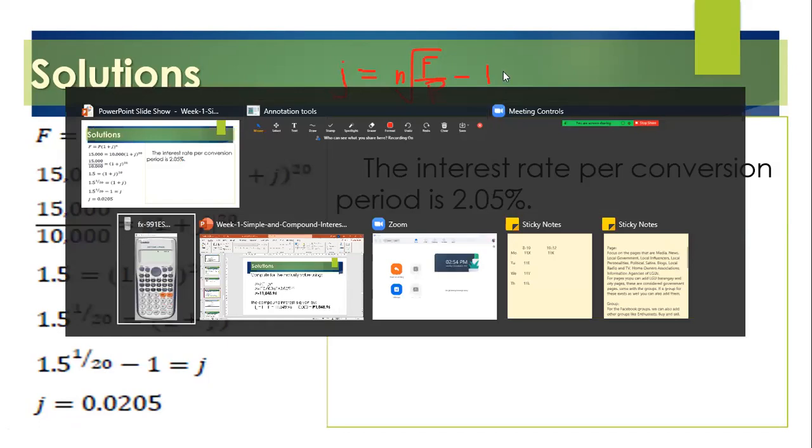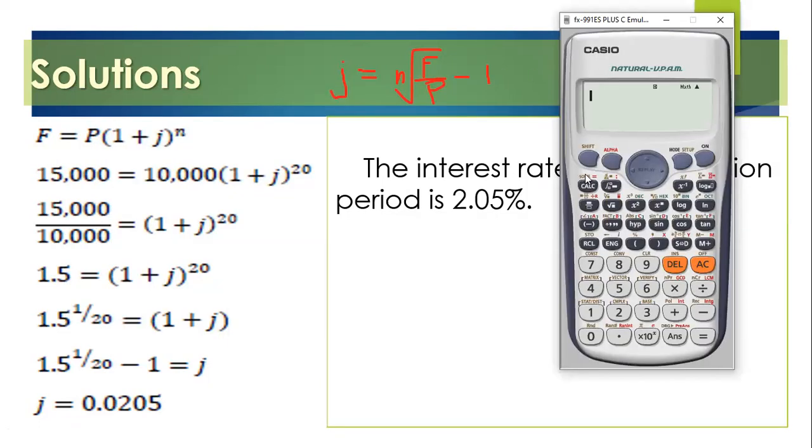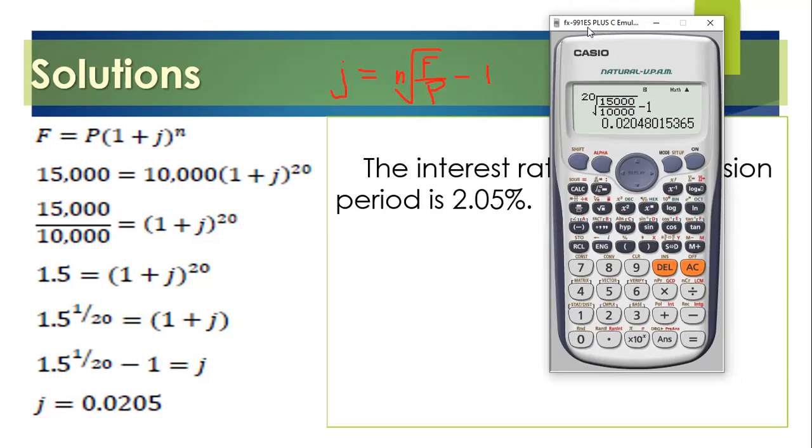So, J is equal to 0.0205. So, paano sa calculator? Nth root. So, ito po yun. 20th root, no? Okay. So, F over P is F yung 15,000. Tapos 10,000 yung principal amount. Minus natin ng 1. Okay, so that is our answer, 0.0205. So, J pa lang po yun.